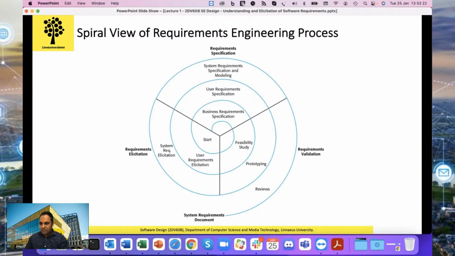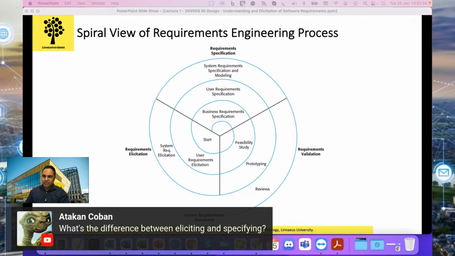Okay, so there is a question here that says, what is the difference between eliciting and specifying? When you are eliciting requirements, you are eliciting requirements from the user, from the developers or testers. Those are system requirements elicitation.